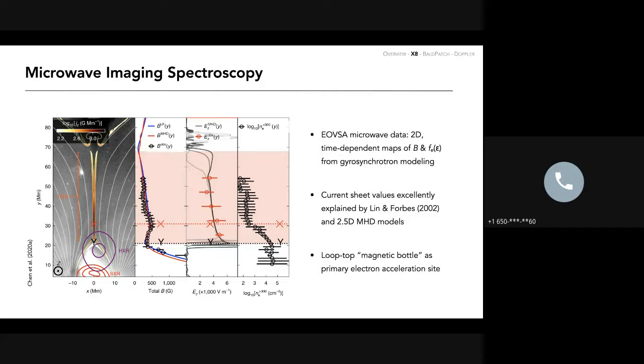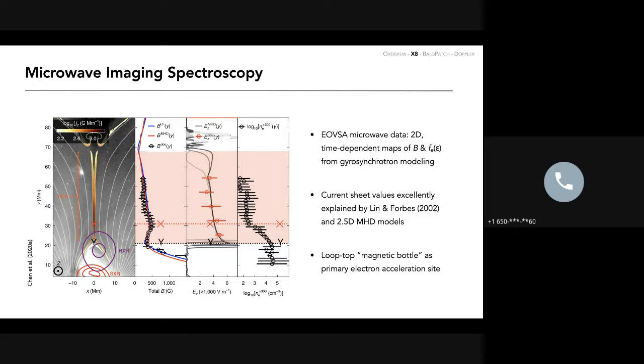And the last one is showing you the number of high energy particles above 300 keV, so that is showing you where the electrons are being accelerated. You can see above the X point, higher up, there are very few high energy electrons. But below the X point, you see a really rapid increase of the high energy electrons towards the loop top.